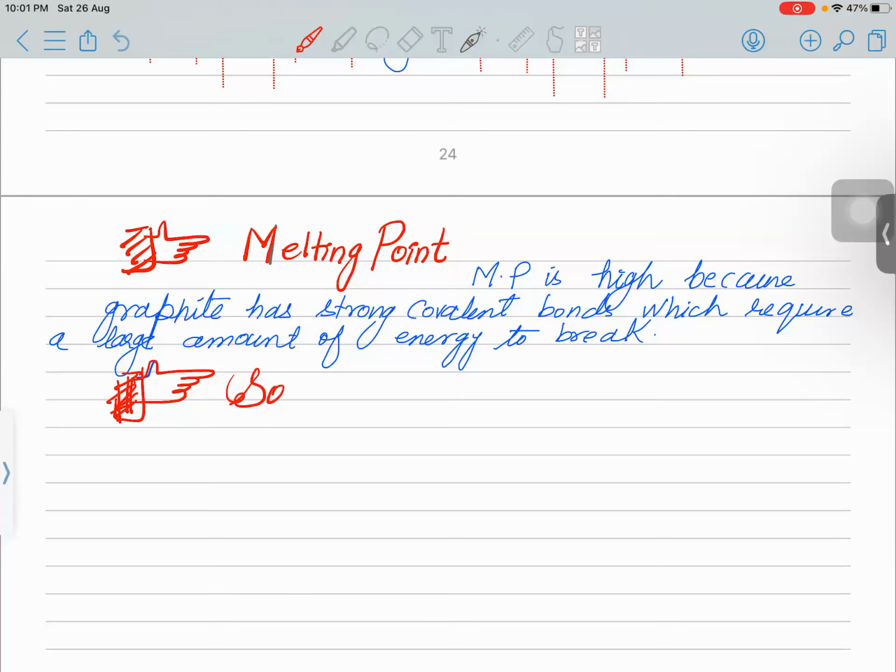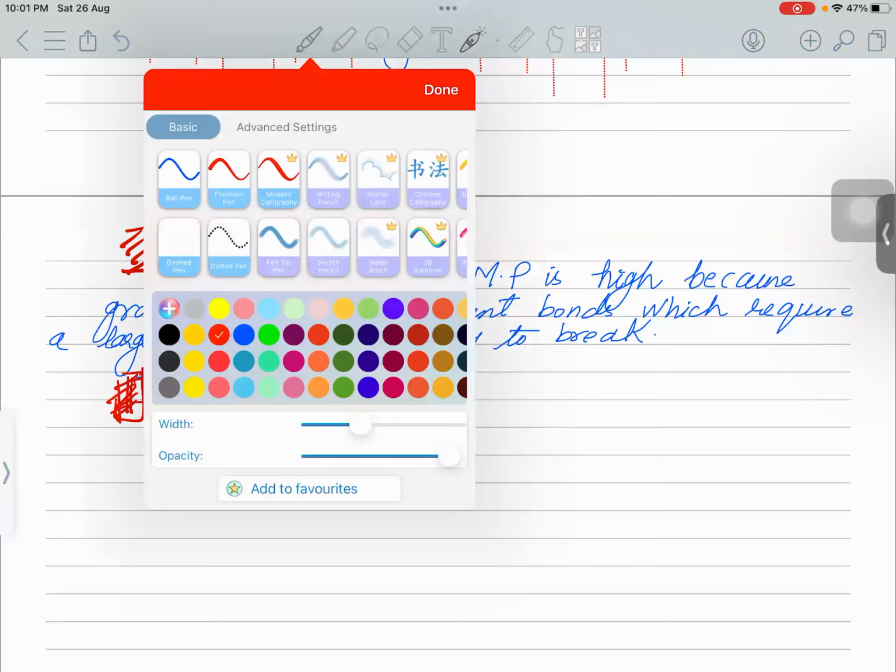Now next is solubility. Can you tell me, graphite means coal, right? Is it soluble in water or not? No, sir. Very good.